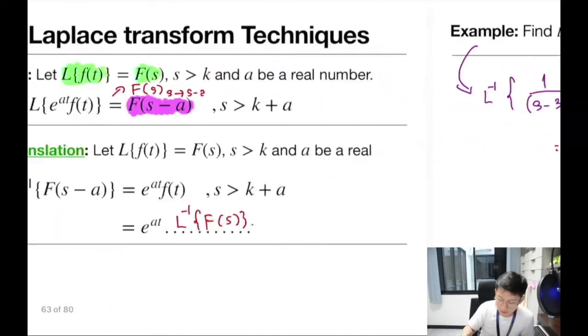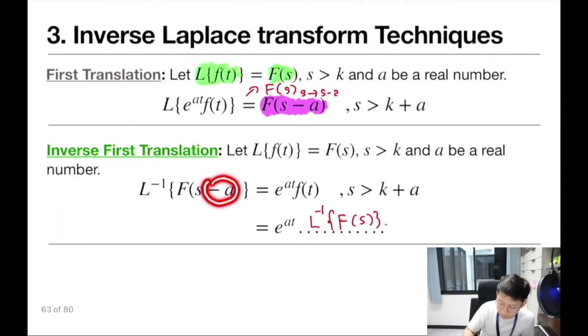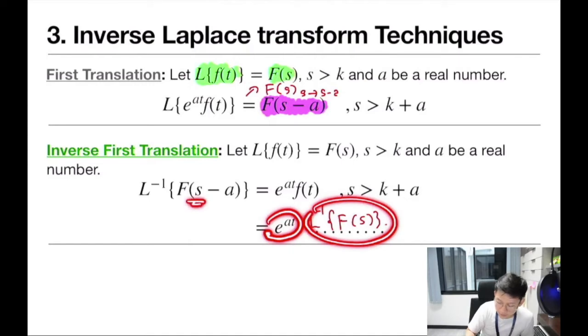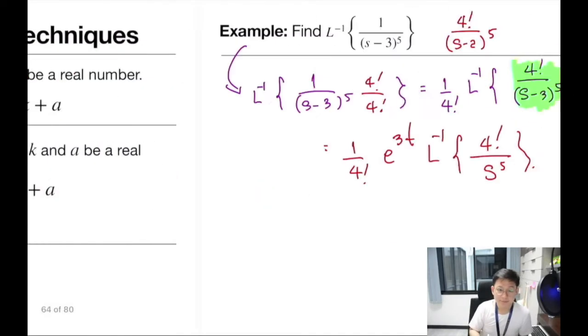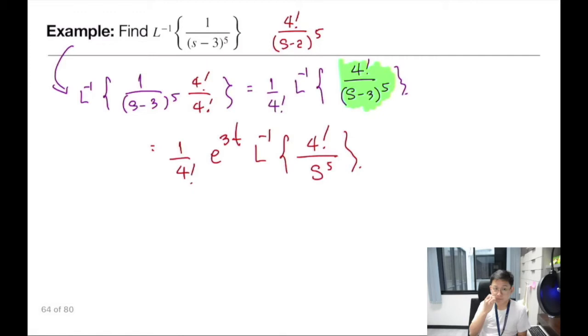In that case, you can pull this 3 out, and that's going to be e to the at, so e to the 3t, and then you find the inverse of just the s without the 3. It's pretty much the same as pulling this 3 out to get e to the 3t, and then you just find the inverse Laplace transform of the original one before being shifted.